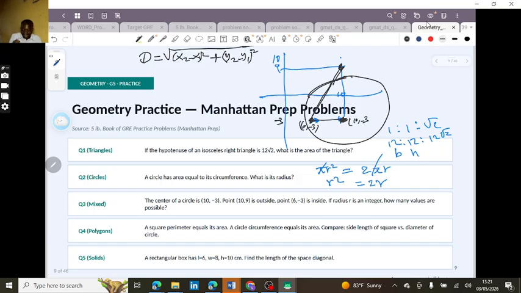If you apply it to this one, it will still work, but that will be a waste of time. Along a horizontal line, we can just subtract: 10 minus 6.